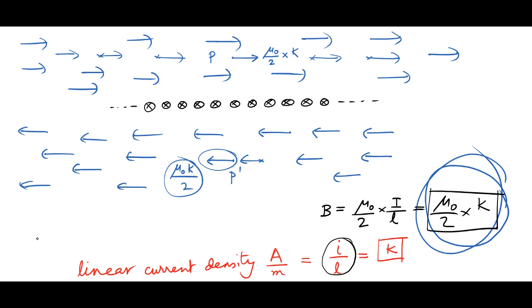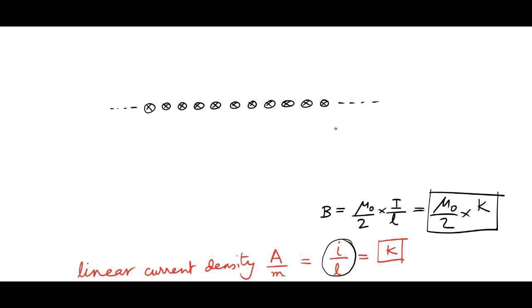Now the field lines above the plane and below the plane would look as follows. So below the plane, remember, a uniform field is drawn by showing uniformly dense field lines, and they are all unidirectional.